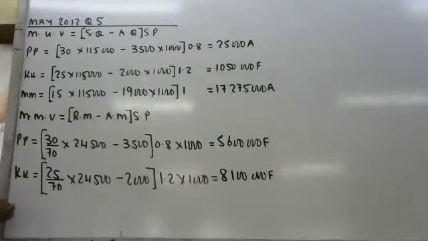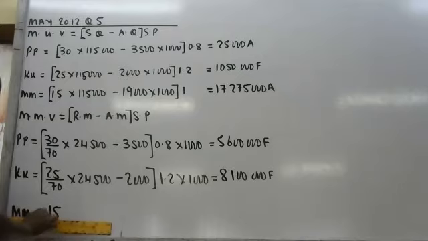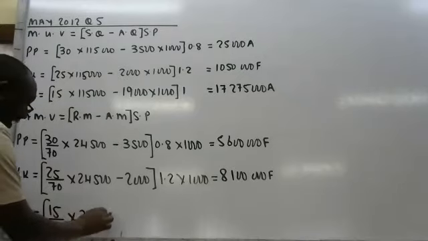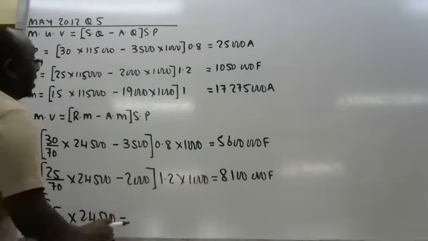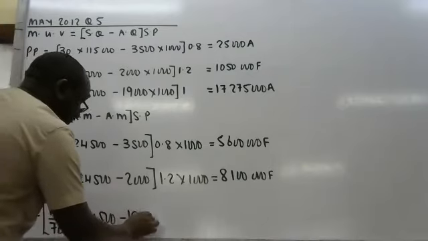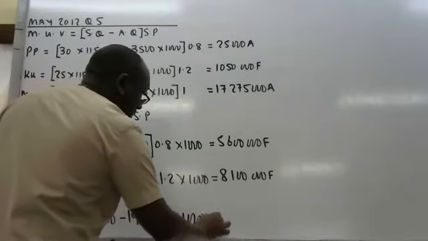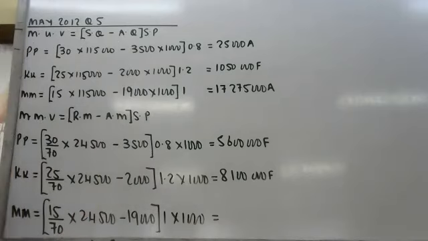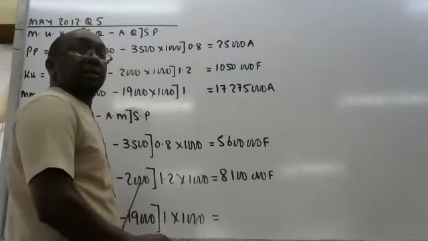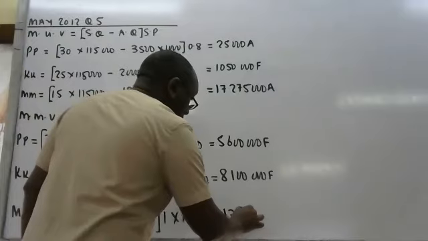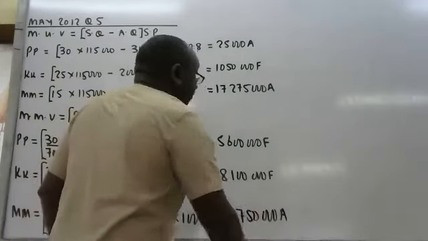Then we go to MM. It is 15 out of 70 multiplied by 24,500, minus 19,000, multiplied by 1 times 1,000. That gives adverse, okay.